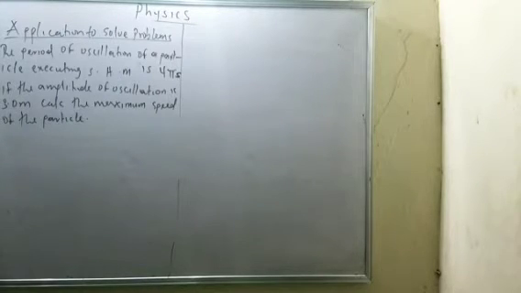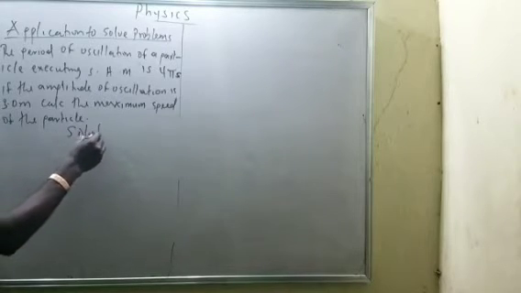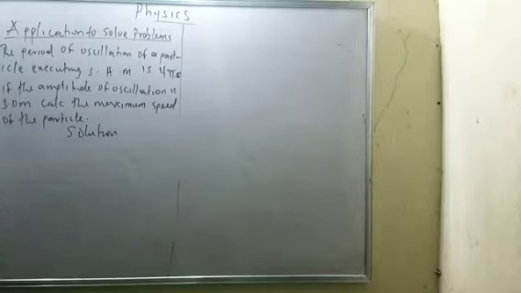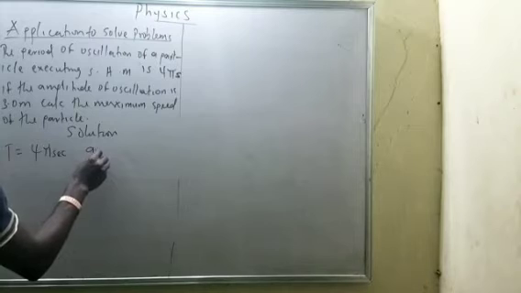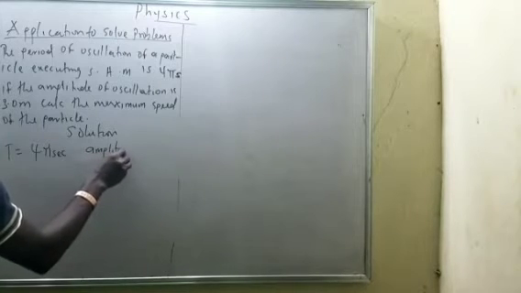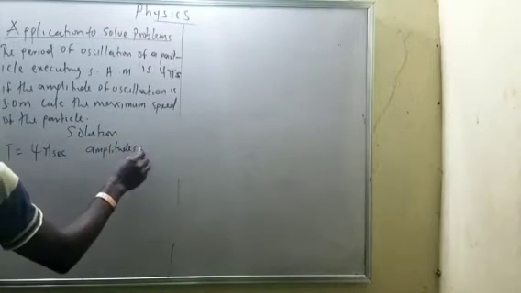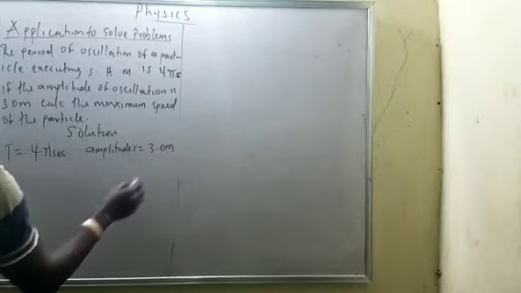How do I go? Now, the solution to this problem. The first thing I will do, my period, which is known as capital T, is 4 pi seconds. Don't forget that. My amplitude, which is known as my R, is 3.0 meter.